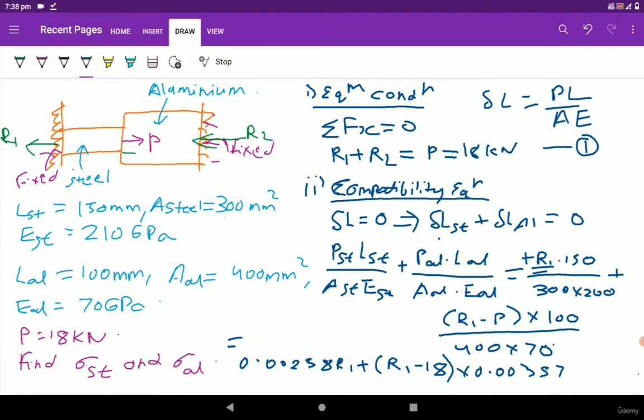After further simplifying, we get 0.00595 R1 equal to 18. So we get the value of R1 as 10.8 kilonewton, and similarly we can find the value of R2, which is 7.2 kilonewton.